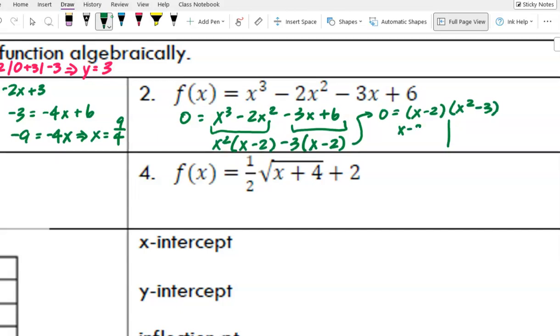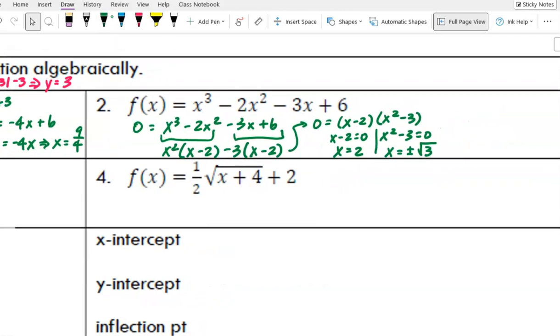Split that up: x minus 2 equals 0, x squared minus 3 equals 0. So x equals 2, and x equals plus or minus the square root of 3. Okay, so I can list up here: I have (2, 0), (square root of 3, 0), and (negative square root of 3, 0).